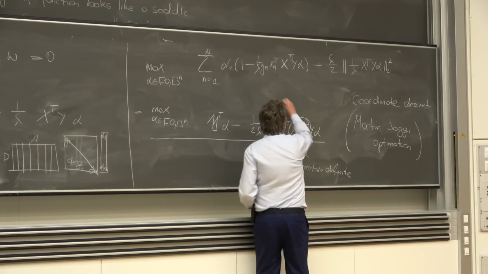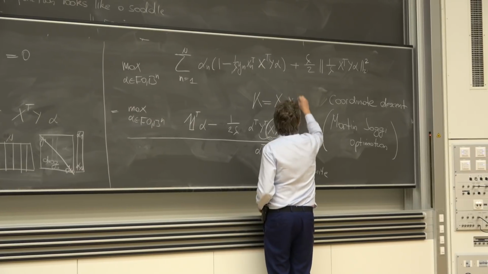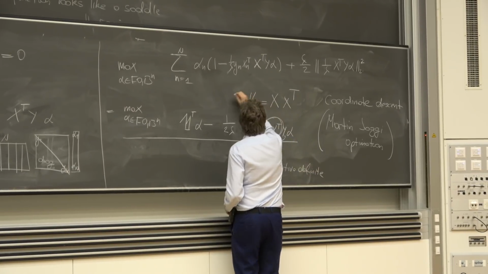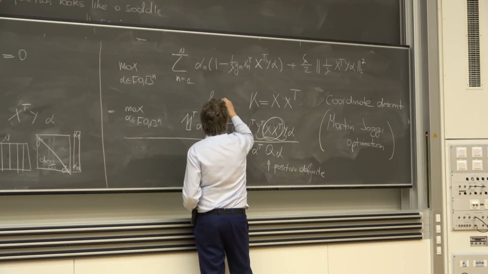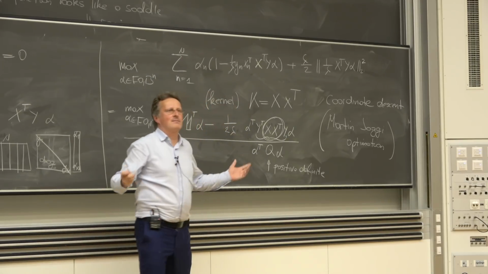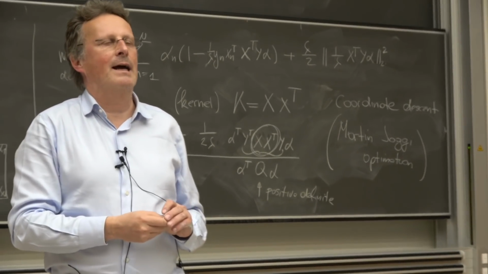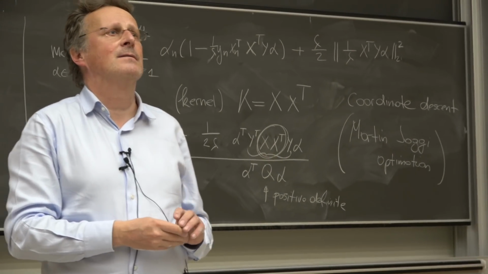And this matrix, K equals X times X transposed, is often called the kernel. Okay, that's just a name that has historically developed. It's called the kernel.